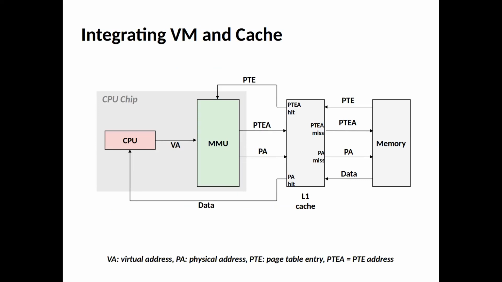So now let's look at how virtual memory and cache can be integrated. We have pretty much the same thing, CPU and memory management unit. The memory management unit is going to issue a page table entry request to the L1 cache. That's going to be the first step.